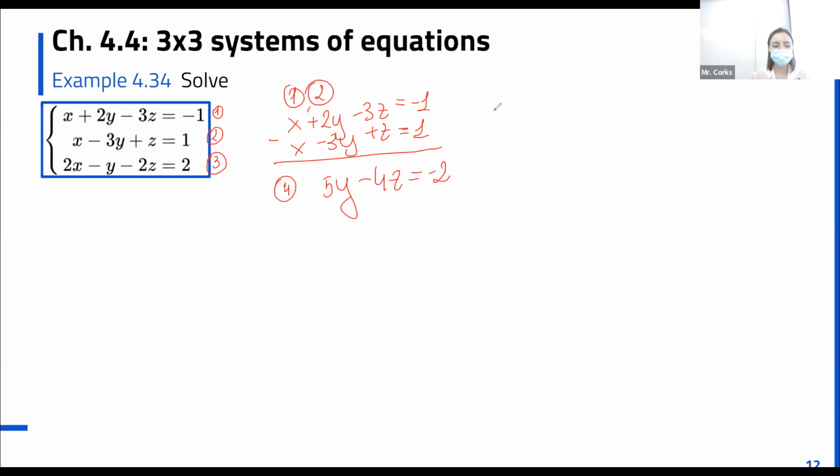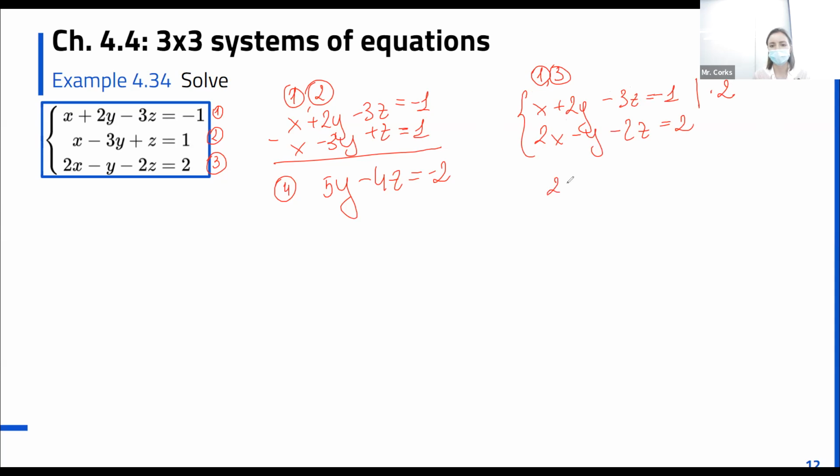What we will do next, we will take a look at the second and third, or first and third. We need to get rid of x, so let's take a look at first and third. To get rid of x, we need to multiply the first equation by 2 to get the same coefficient.